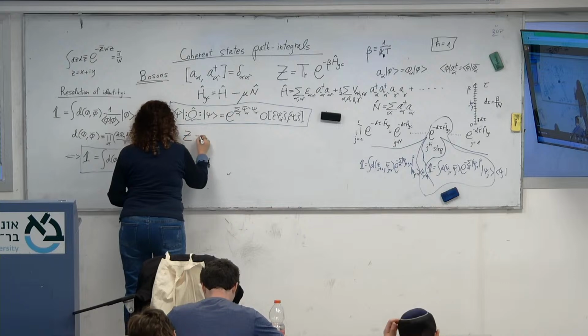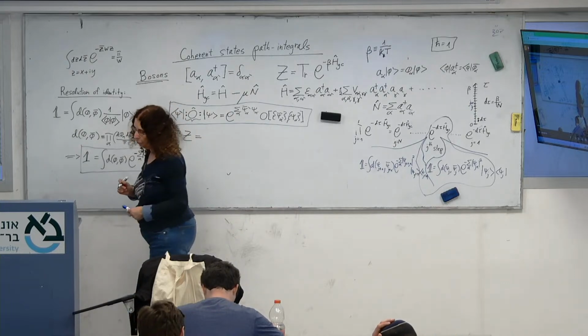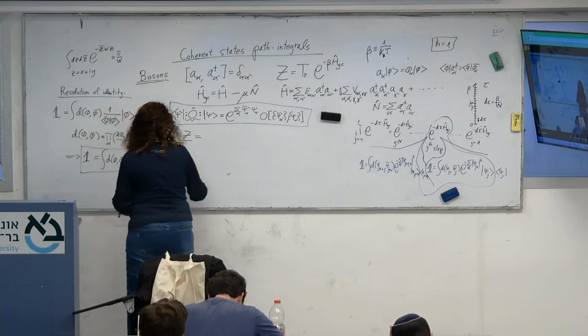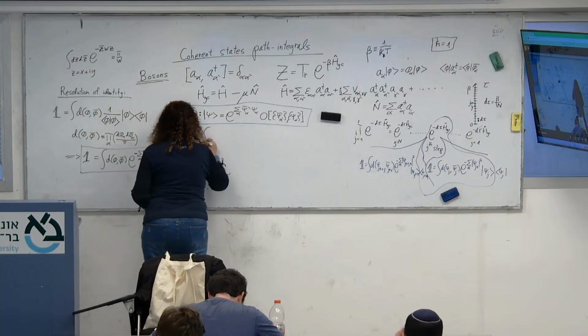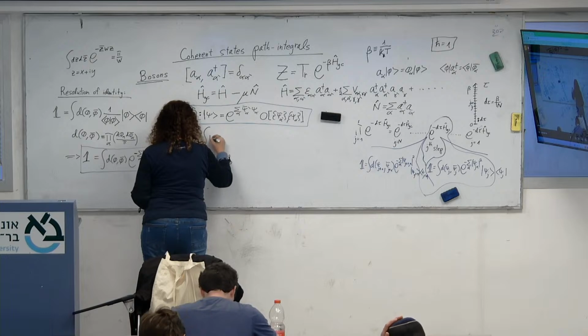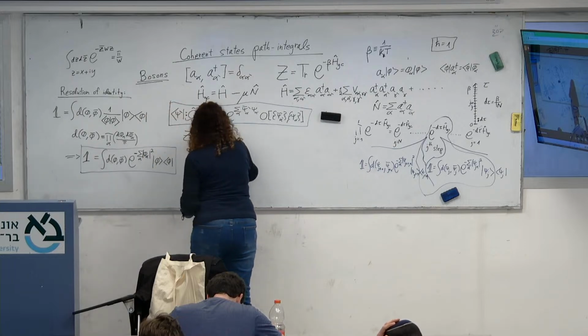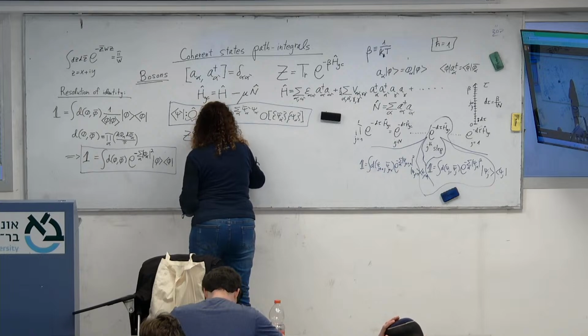Z is equal to an integral over the product of j going from 1 to n, d psi j bar.